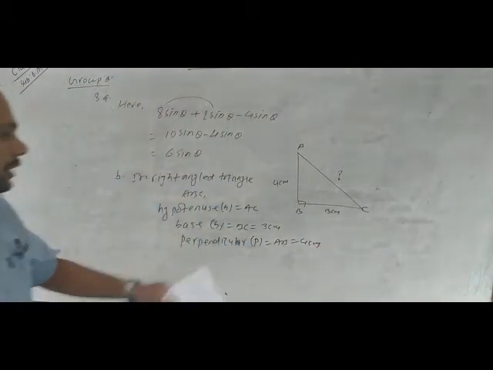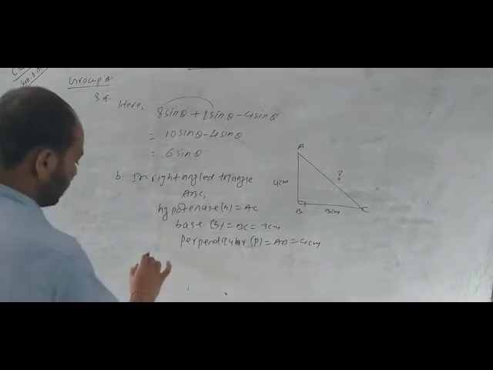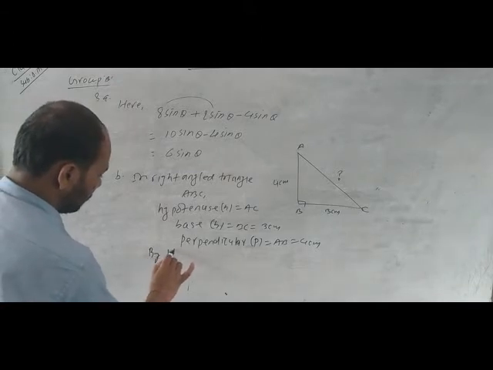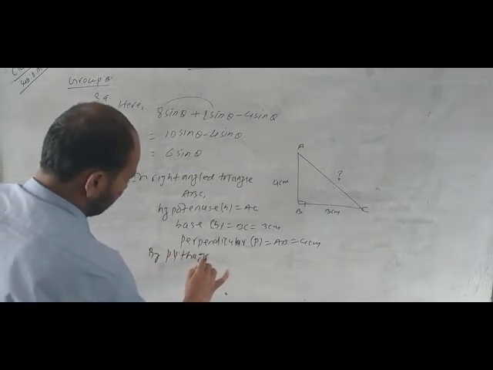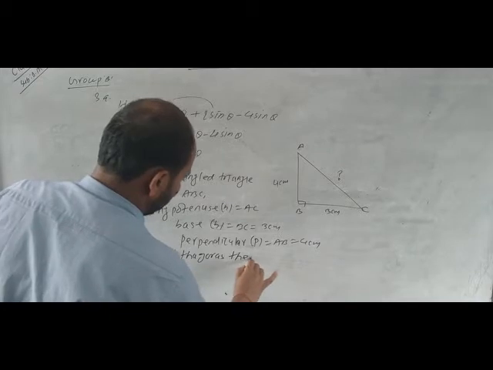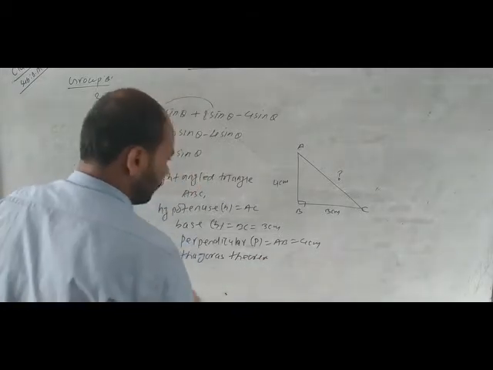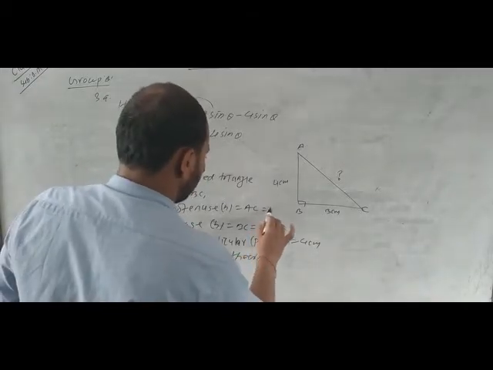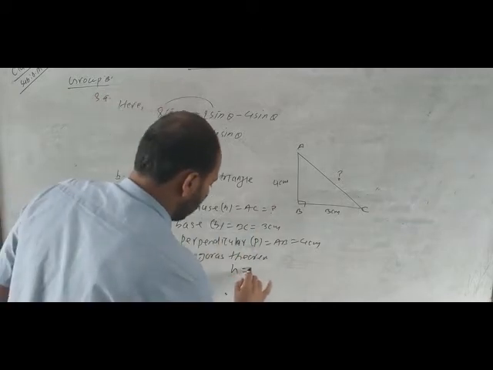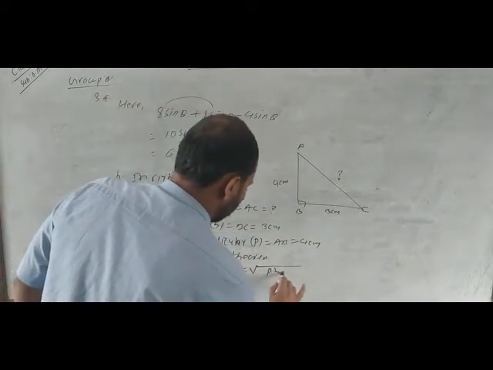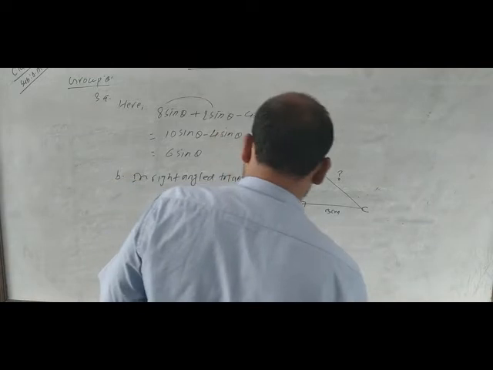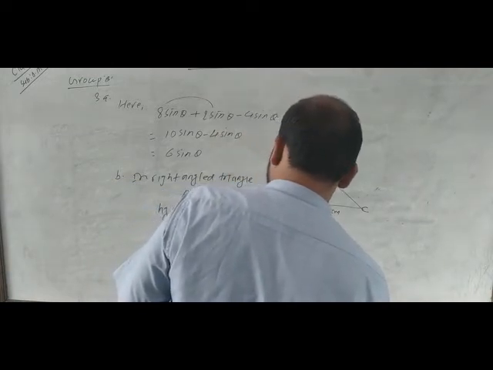Okay, here we have perpendicular. By Pythagoras theorem, what does your question say? You should find h. So h is equal to, we have the formula root of p square plus b square.